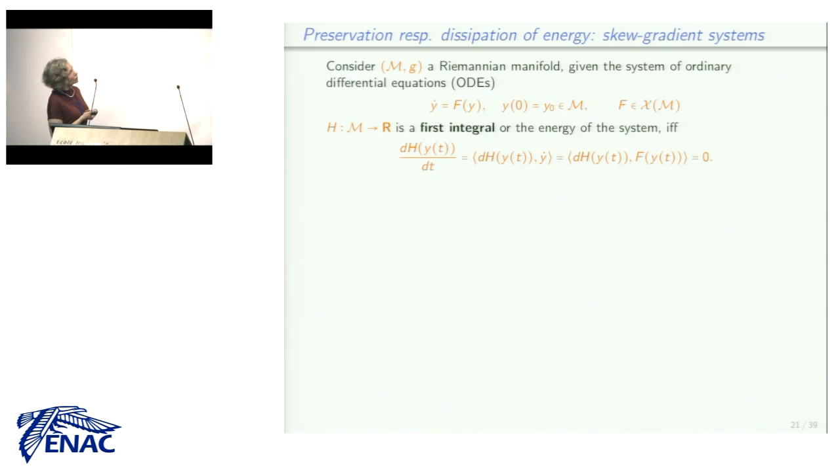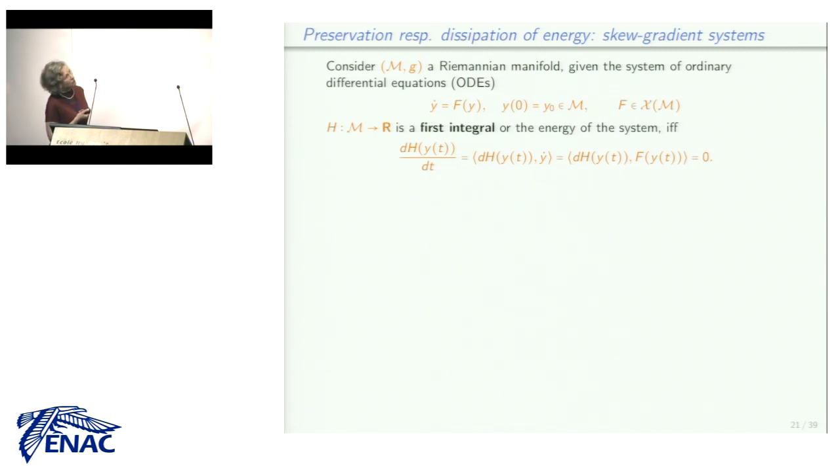What we are doing is again the setting as before: we have a Riemannian manifold with a metric, and we have a retraction on this manifold, and we assume that our ODE has a first integral. So we assume that the energy H is constant along the trajectory.